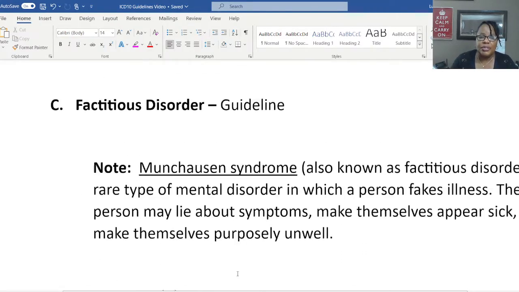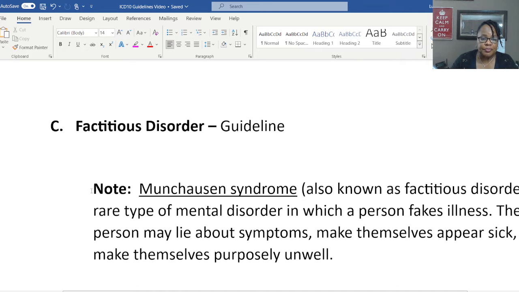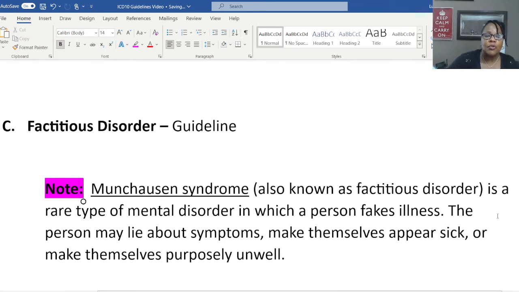And I just made a note that Munchausen syndrome, also known as fictitious disorder, is a rare type of mental disorder in which a person fakes illnesses. The person may lie about symptoms, make themselves appear sick, or make themselves purposely unwell.